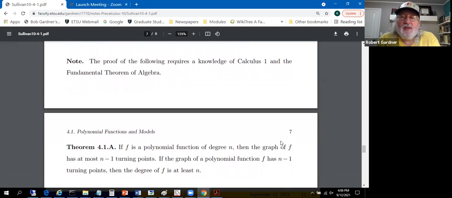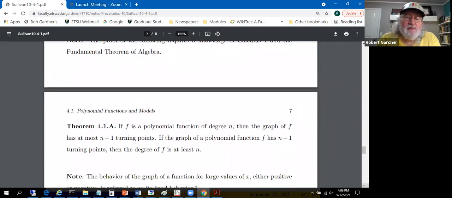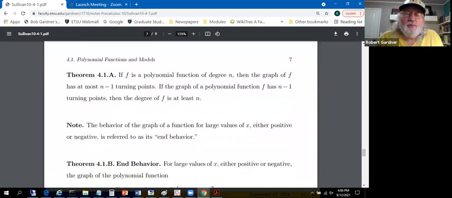As given in the following theorem, which we don't have the technology to prove, we'll take it as given, requires some knowledge of Calculus 1 and also requires some knowledge of the fundamental theorem of algebra. So theorem 4.1.a says, if f is a polynomial function of degree n, then the graph of f has at most n-1 turning points.